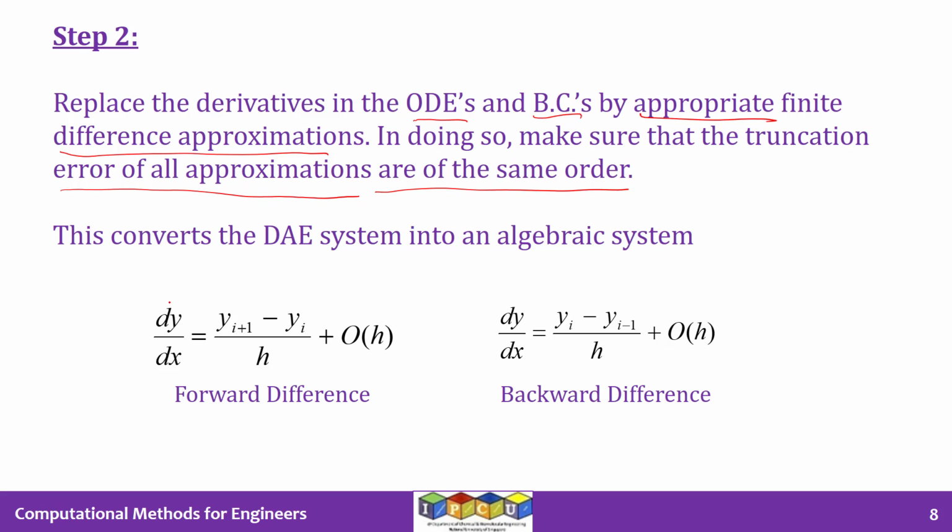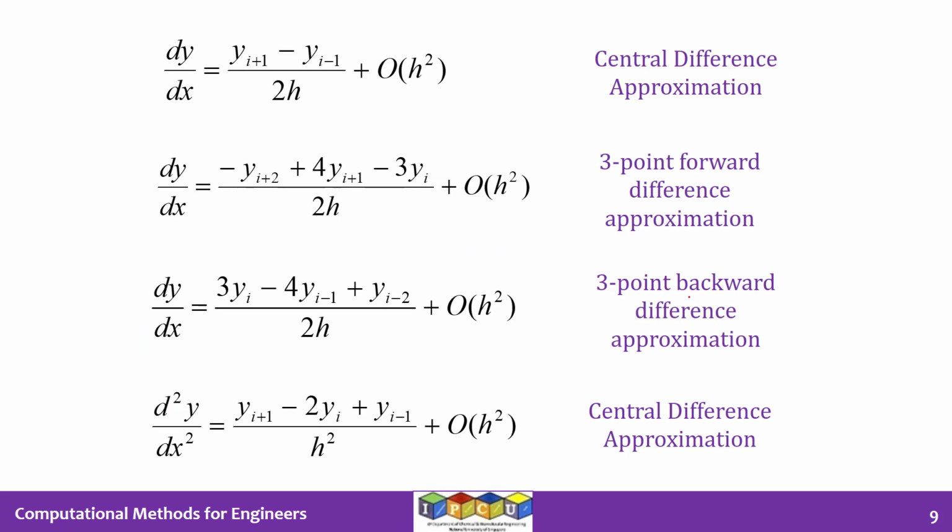For example, if I choose to replace dy by dx by a 2-point forward difference approximation or by a 2-point backward difference approximation, the truncation error is of the order of h. If I use central difference approximation, again a 2-point central difference approximation for dy by dx, I will get a truncation error of the order of h squared.